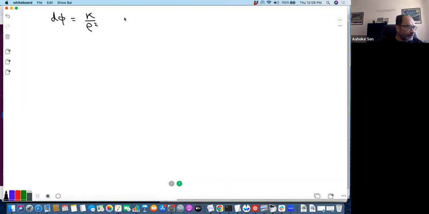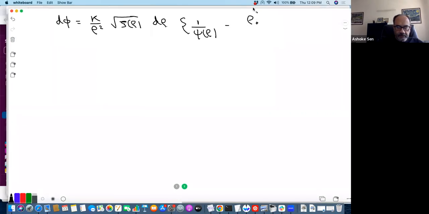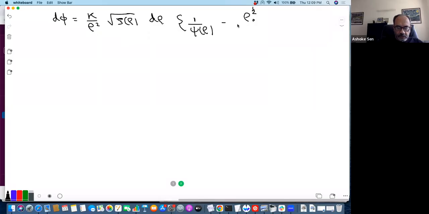We can substitute k afterwards. This k is outside. Psi of rho d rho. And then we have 1 over psi of rho minus rho 0 square, rho 0 square over rho square.